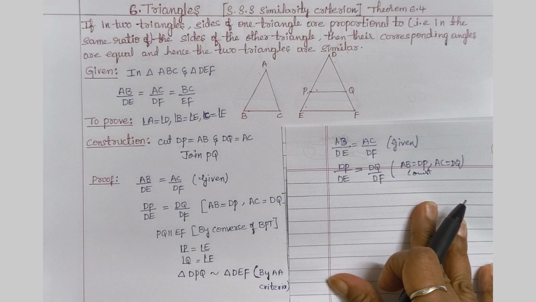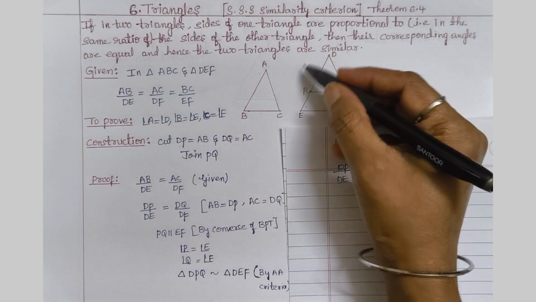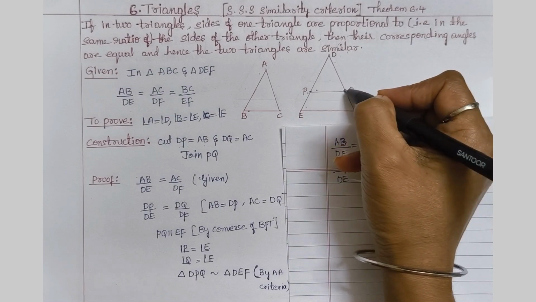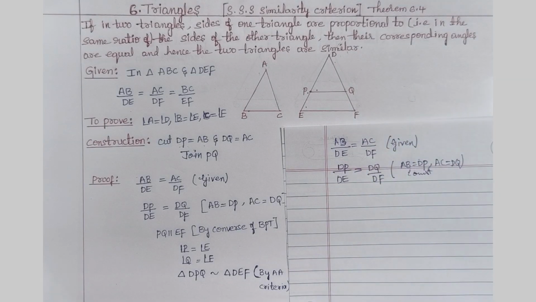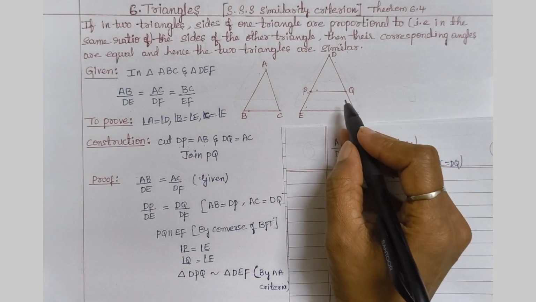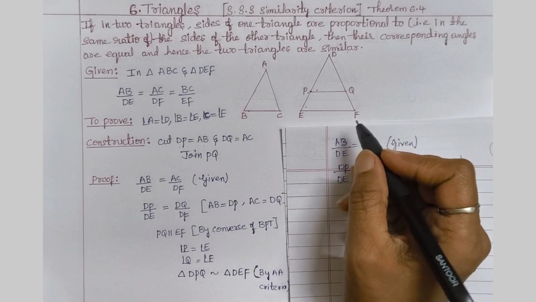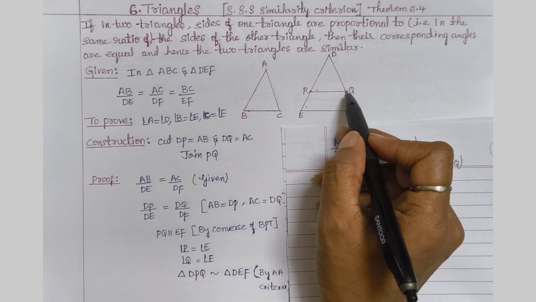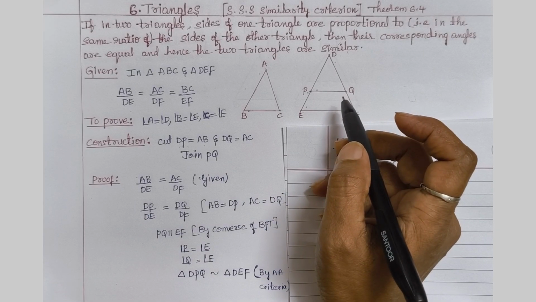See here. Next, try to understand. This side is proportional to this side, and this side is proportional to this side. Here we can use the converse of BPT. Converse of BPT means what? If two sides are proportional, then the third side is parallel. Okay, this is the converse of BPT.